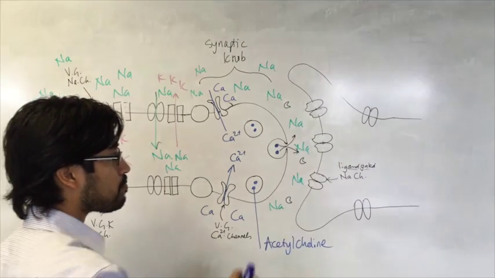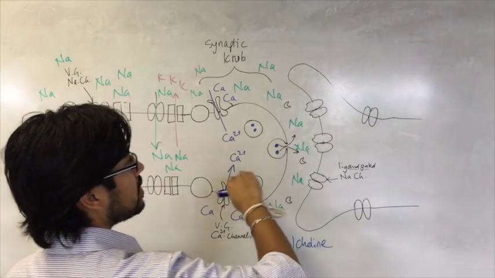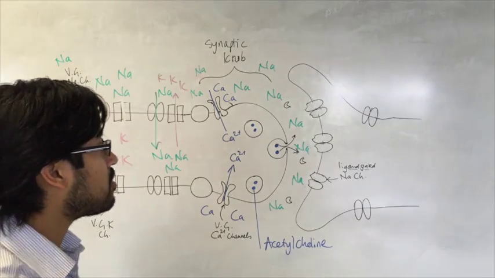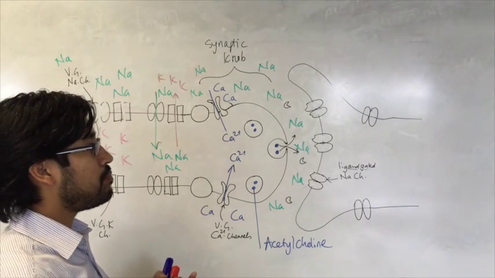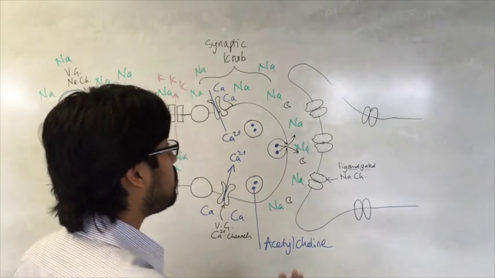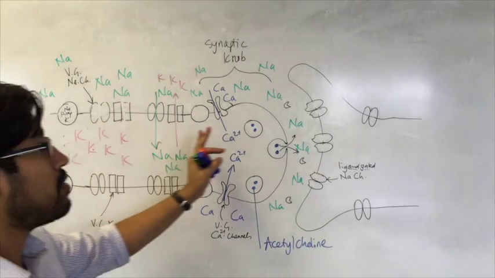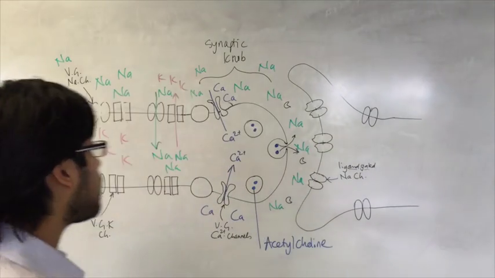That's very important. So the acetylcholine is then released into the synaptic cleft, it diffuses into the space, and because of this diffusion across this gap, it kind of slows the signal transduction down a little bit, okay?